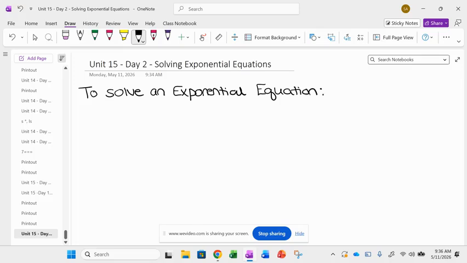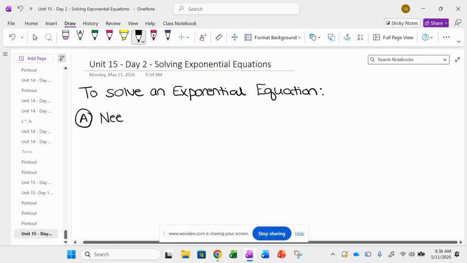Equation, there are certain things we need. The first thing we need are like bases.